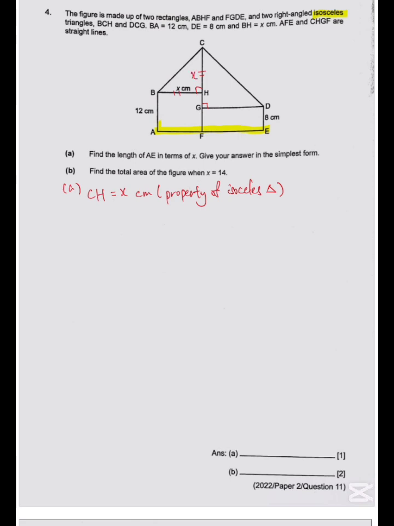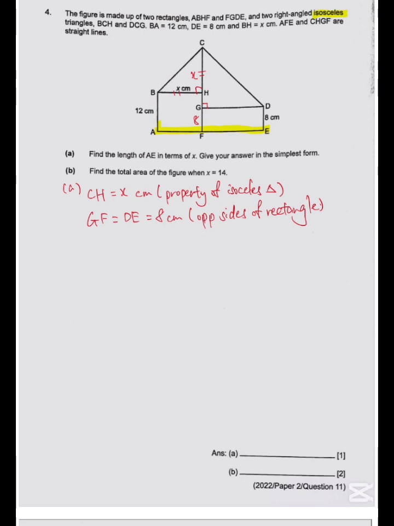Okay, then afterwards, we know that GF is 8 cm, right? Because it's a rectangle. GDEF is a rectangle. So GF will be equal to DE equals to 8 cm, because of opposite sides of rectangle. Correct? So now we know that this is 8 cm.